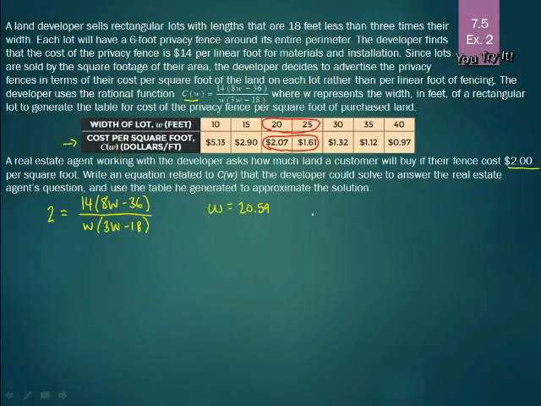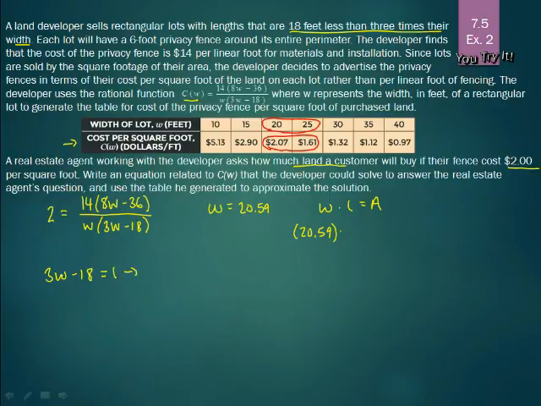Using that, we need to answer the question about how much land a customer will buy. That basically means the area of the land, how much land in square feet. Of course, we know that width times length is equal to the area. The width is 20.59, and we don't know the length, but it does tell us that the length is 18 feet less than 3 times the width. If we write that out, 3W minus 18 equals the length.